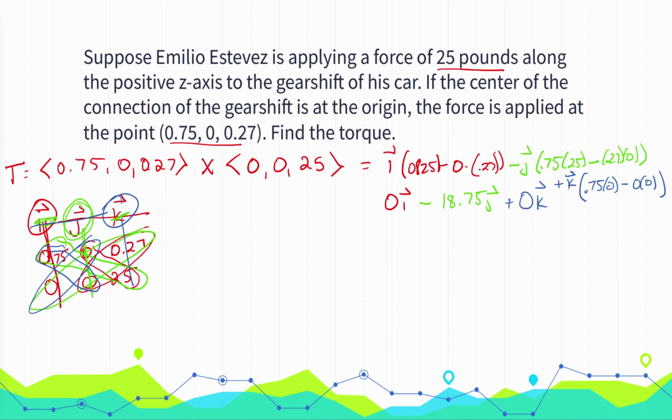So we get that the vector for the torque is 0, negative 18.75, 0. And torque should not be a vector. We actually want the magnitude of this vector.